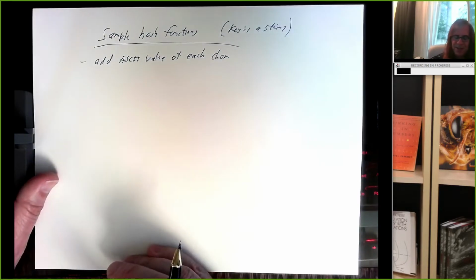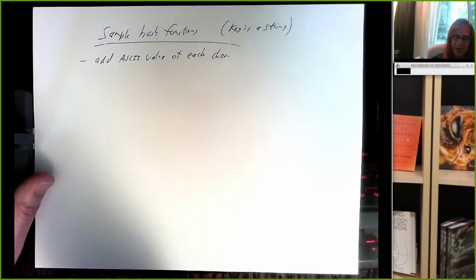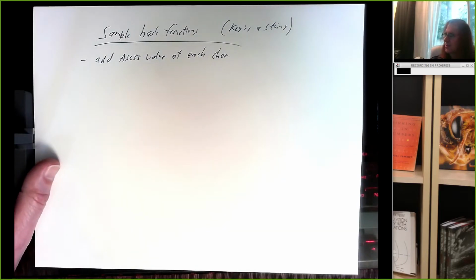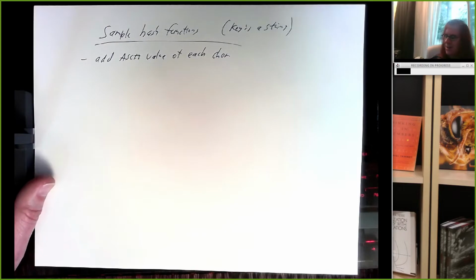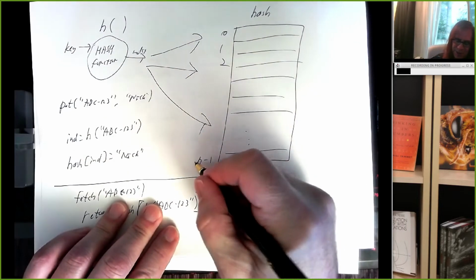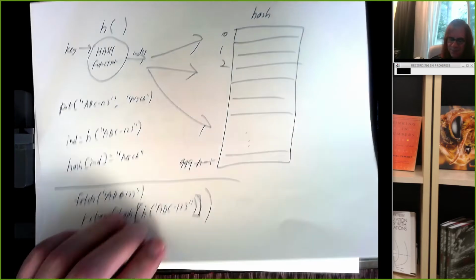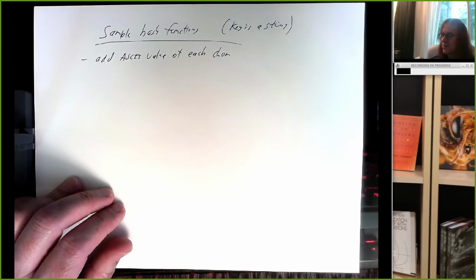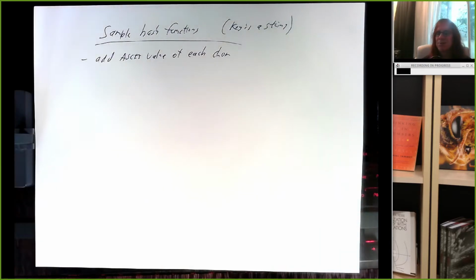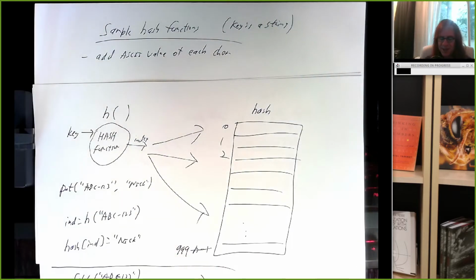So one way to find a hash value is to add up the ASCII code for each character. And if we have, say, a hash table that holds 1,000 entries, well, if we have a long enough string and we add up the ASCII codes, we might get a number bigger than 1,000. So we'd like to take this sum of all the ASCII codes and change it to a number between 0 and 999.